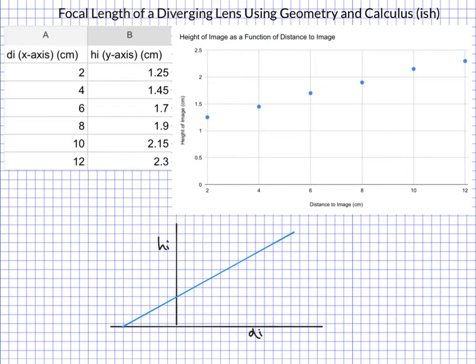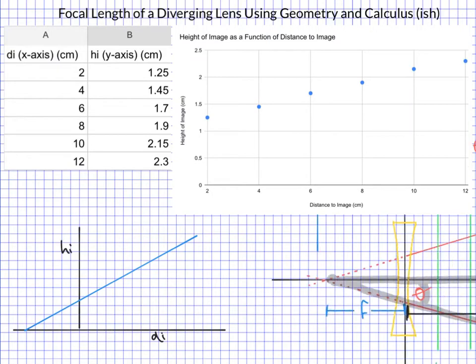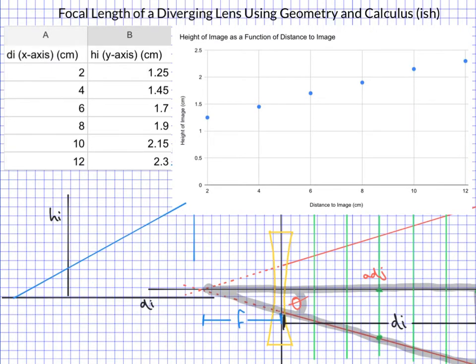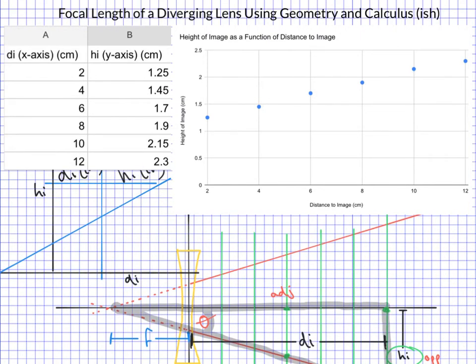There's my data as a scatter plot, and you can see that there's clearly going to be a y-intercept. And if we traced it all the way back, there'd be an x-intercept too. Those are going to be useful because maybe some of you have spotted this already, but if I bring back in this image that I had at the beginning, and it's kind of overlapping here, but bear with me, this graph is literally a representation of the image itself. Remember that I'm plotting the HI, the height of the image, over the DI.